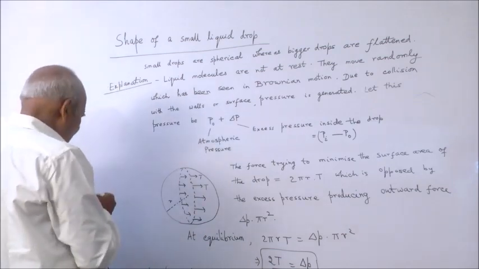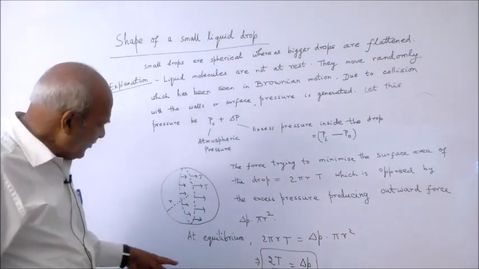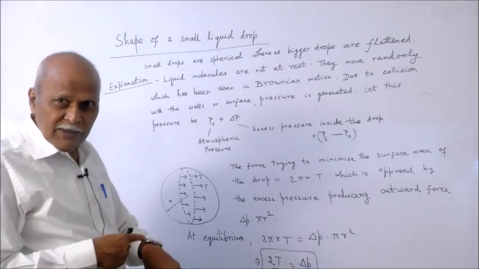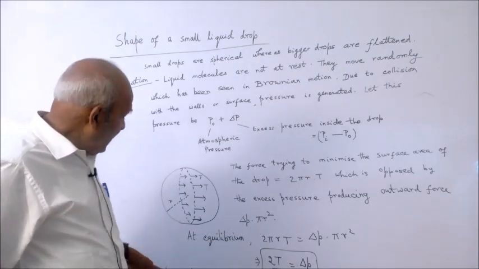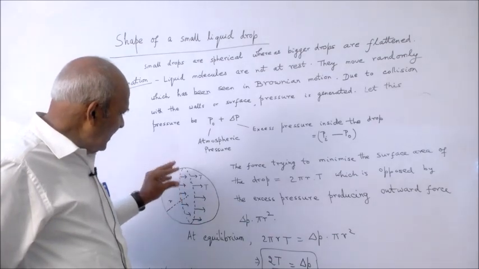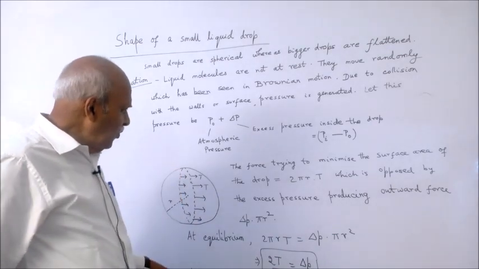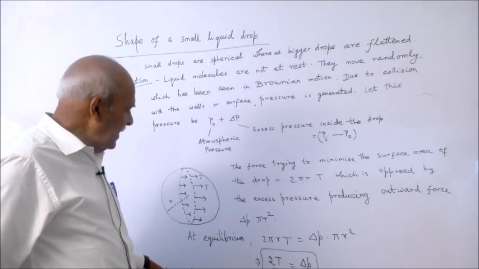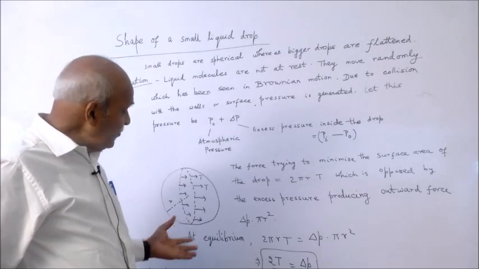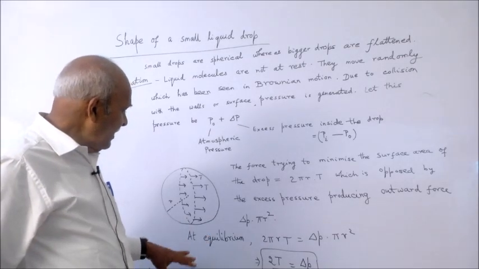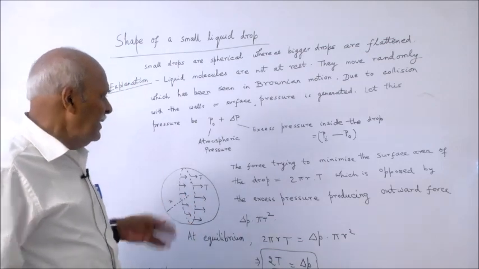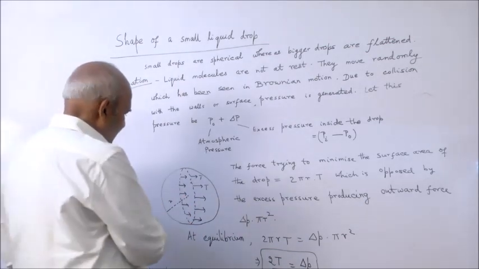And what is the implication? For r small, it will be bigger. So, excess pressure inside the liquid drop is more for smaller drops than for larger drops. So, that is why smaller drops can maintain their shape better than larger drops.